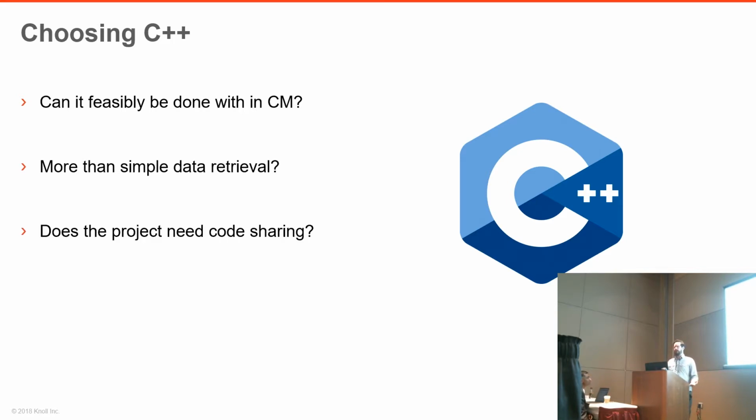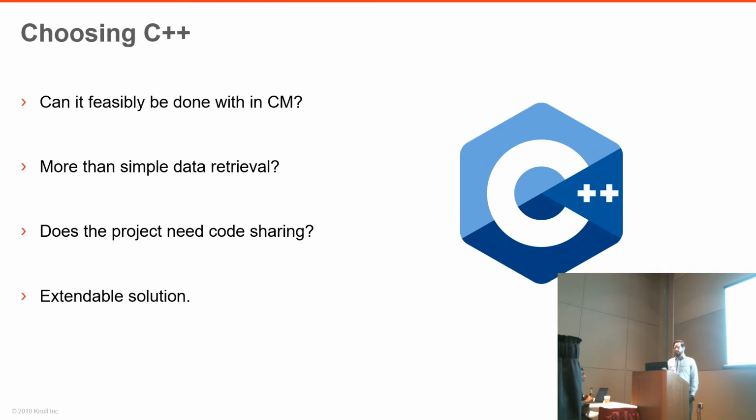And then another thing is, it doesn't need code sharing. So if you're using this DLL in multiple tools, like with Knoll, we have several developer tools that we write custom for our data developers to help with their job. So we needed an extendable solution. And knowing C++ as I do, I figured, might as well go down this route and explore the options.